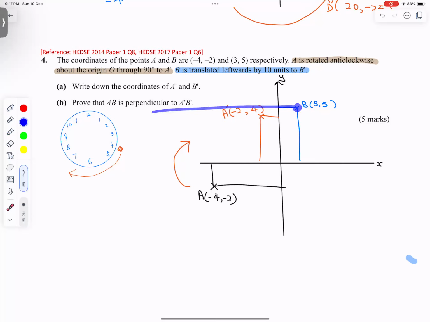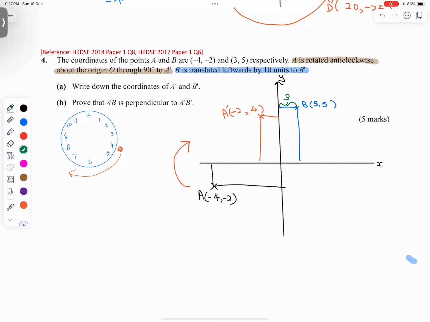And it's going to the left side, 10 steps. How many steps here already? 3. Yes, 3 steps here already. How many more to go? 7. Yep, 7. So it will come somewhere here. -7. So that's your new B.